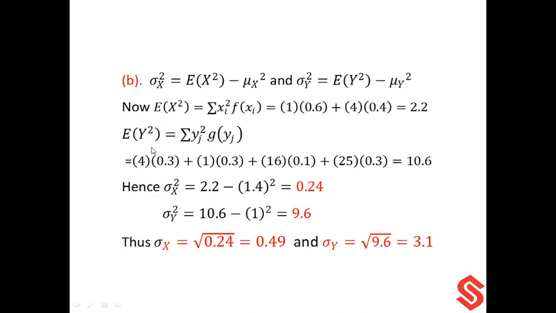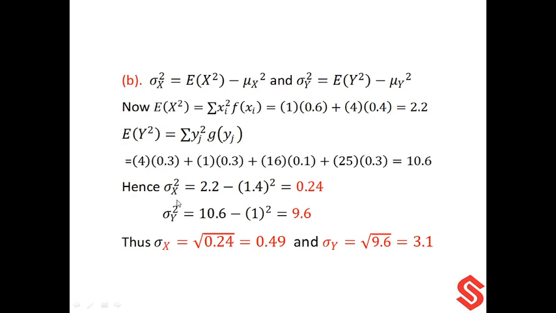Similarly, expectation of y square is summation yj square g of yj: y1 square g of y1 plus y2 square g of y2 plus y3 square g of y3 plus y4 square g of y4, that is equal to 10.6.